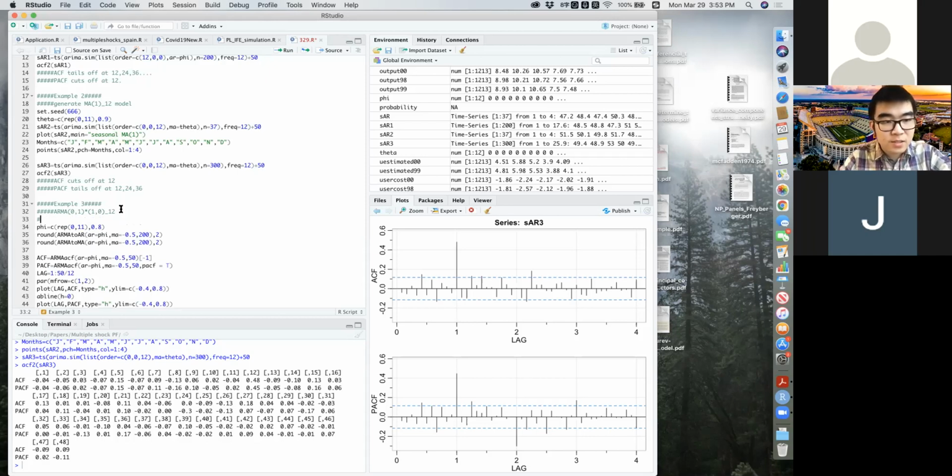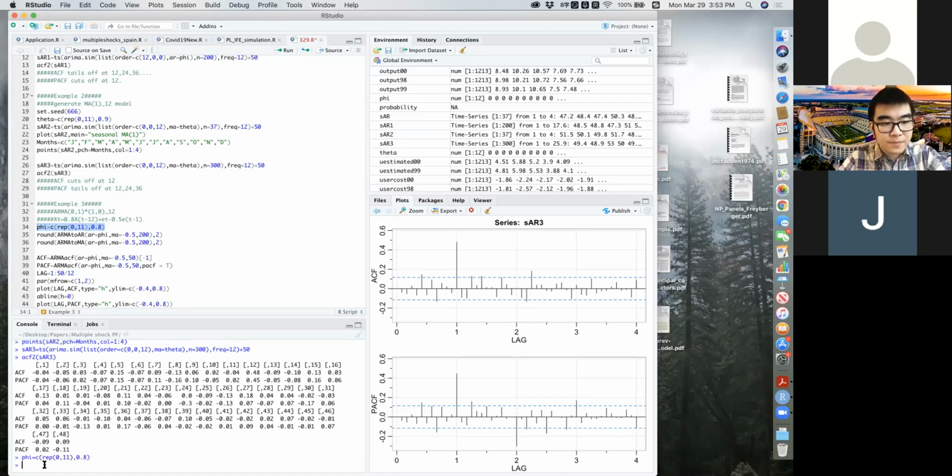The model I generate is xt equals 0.8 xt minus 12 plus et minus 0.5 et minus 1.